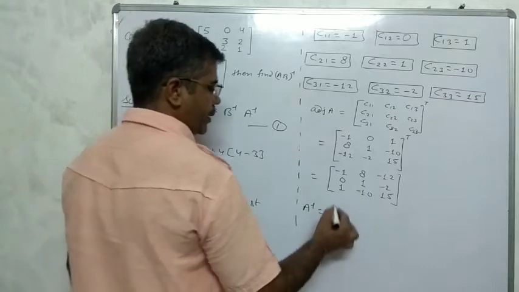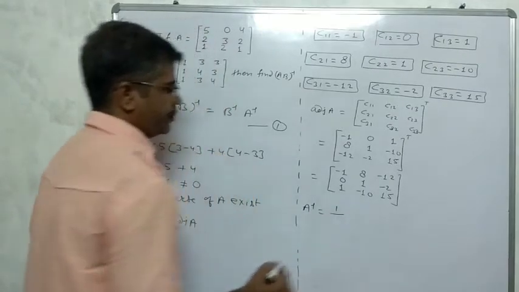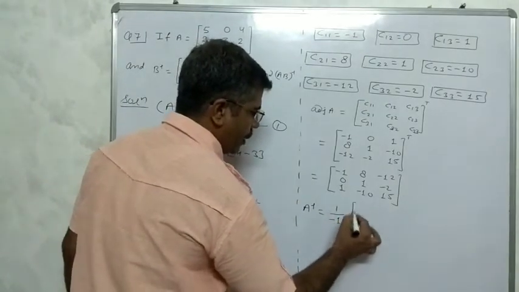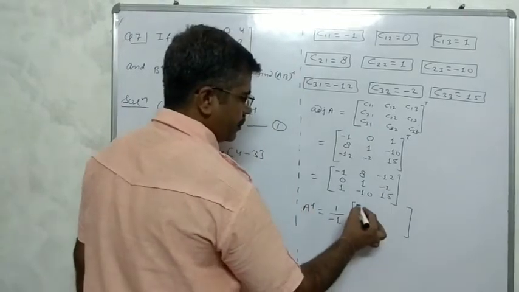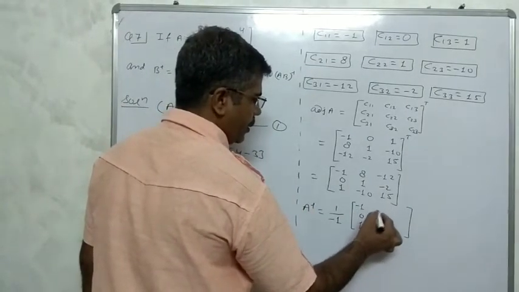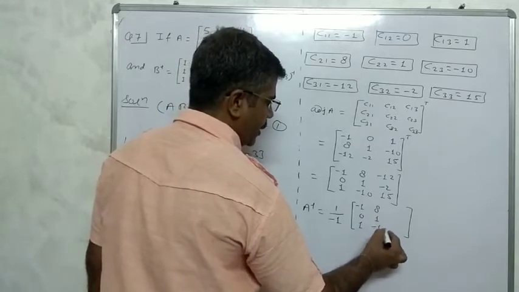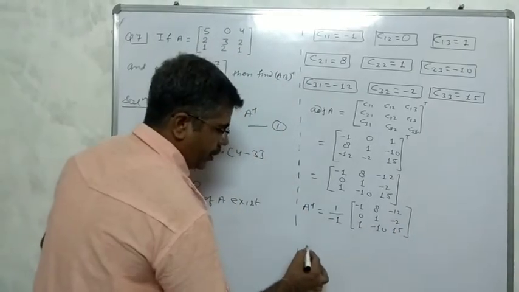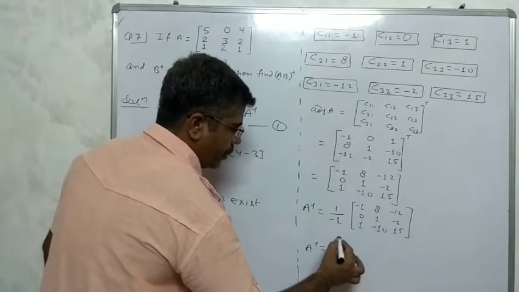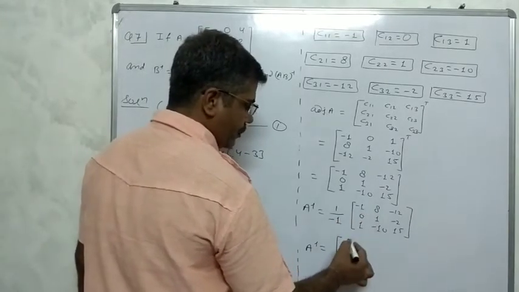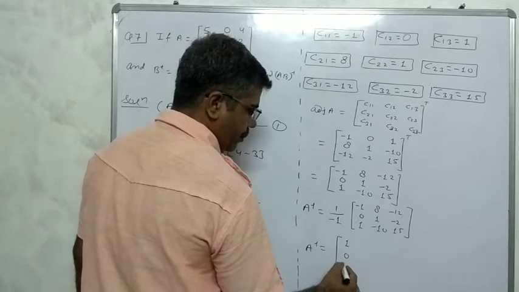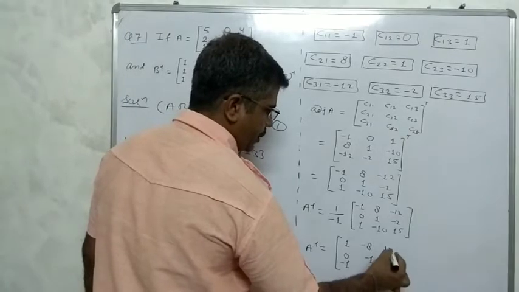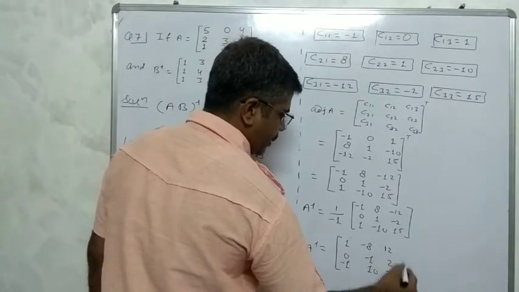A inverse is given by 1 upon |A|, which is minus 1, times the adjoint. With the adjoint [minus 1, 0, 1; 8, 1, minus 10; minus 12, minus 2, 15], A inverse is [plus 1, 0, minus 1; minus 8, minus 1, plus 10; plus 12, plus 2, minus 15].